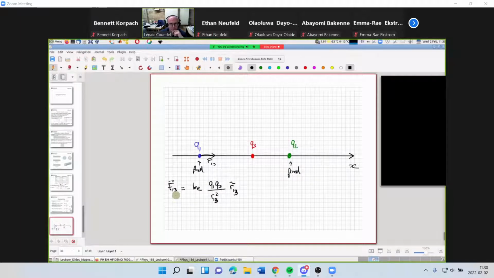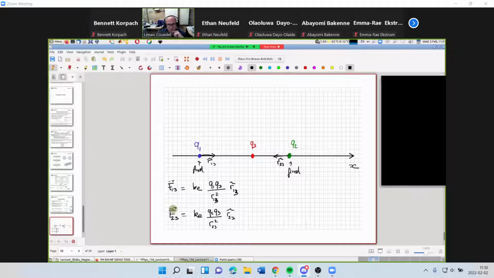Then I also have to consider F23, same thing: KE Q2 Q3 divided by R23 squared, R23 hat, and R23 hat will be like that. Okay?